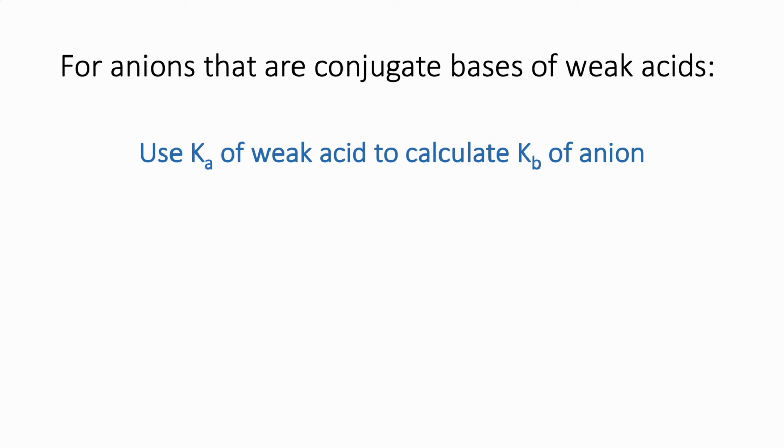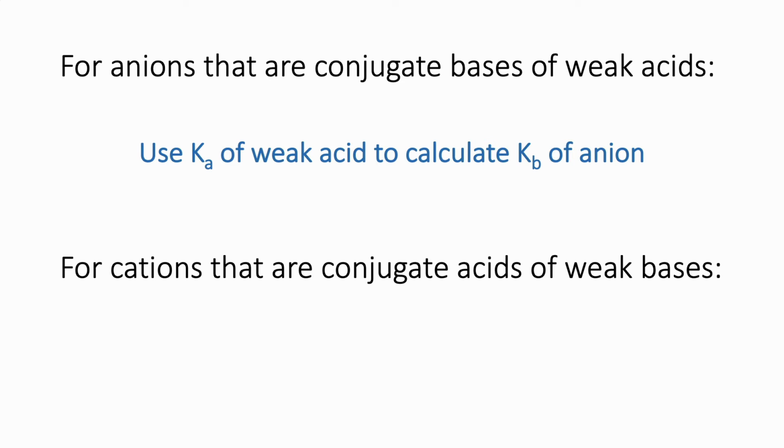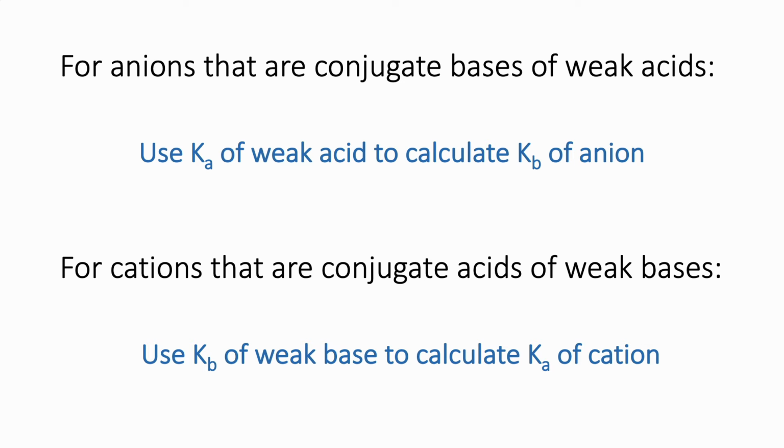Remember that the Ka of an acid and the Kb of its conjugate base are related by the formula Ka times Kb equals Kw. For cations that are conjugate acids of weak bases, we might be able to find the Ka of the cation, but it's also possible that we could only find the Kb of the weak base, in which case you would use the Kb of the weak base to calculate the Ka of the cation.